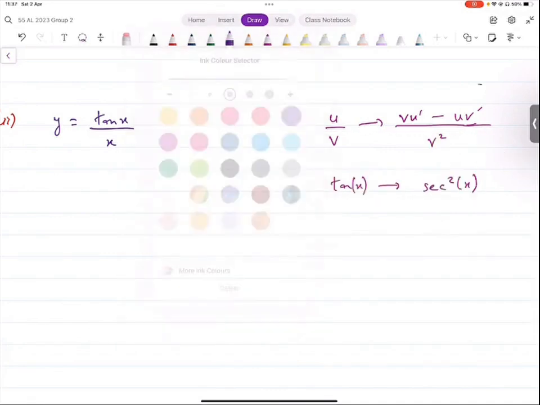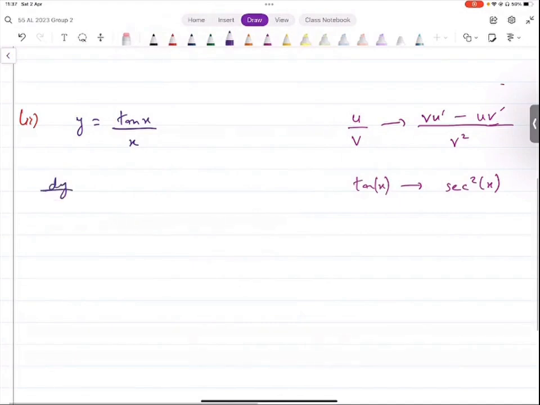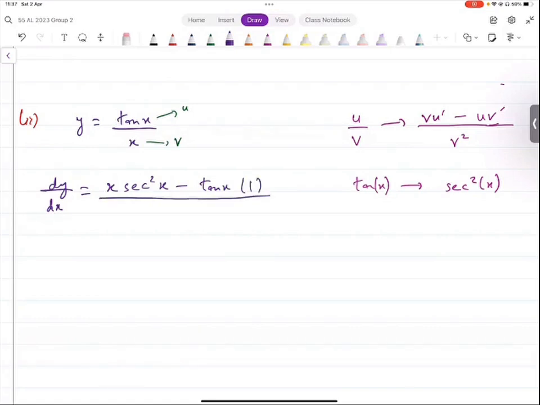Now let's differentiate this. dy over dx, we are saying this is u and this is v. V as it is, which is x as it is आ गया, into u dash tan x का derivative, which is secant square x, minus u as it is, which is tan x, into derivative of x, which is 1, divided by x square.